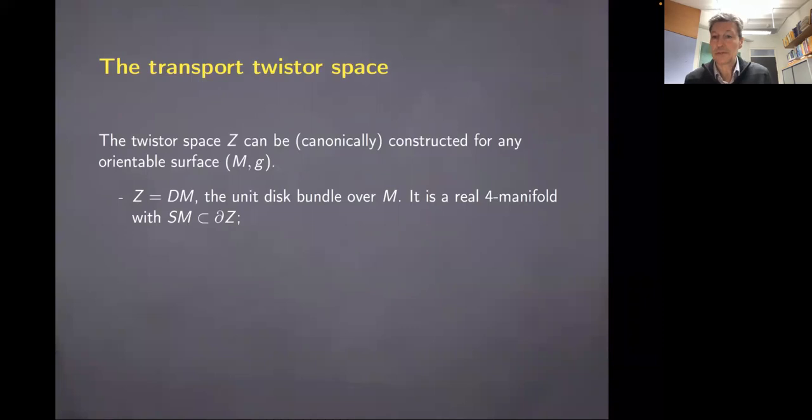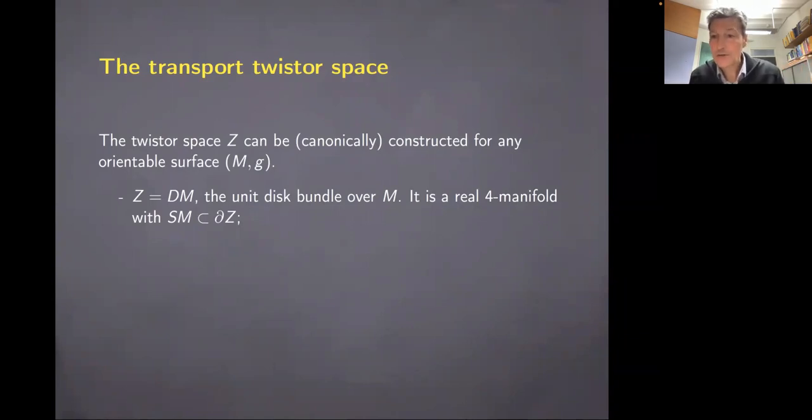Okay, so what is this object? Before I tell you what it is, and get a little technical about how you define it, let me tell you a few general features about it. It's going to do exactly what I told you: put on equal footing the fiber-wise direction and the horizontal direction.